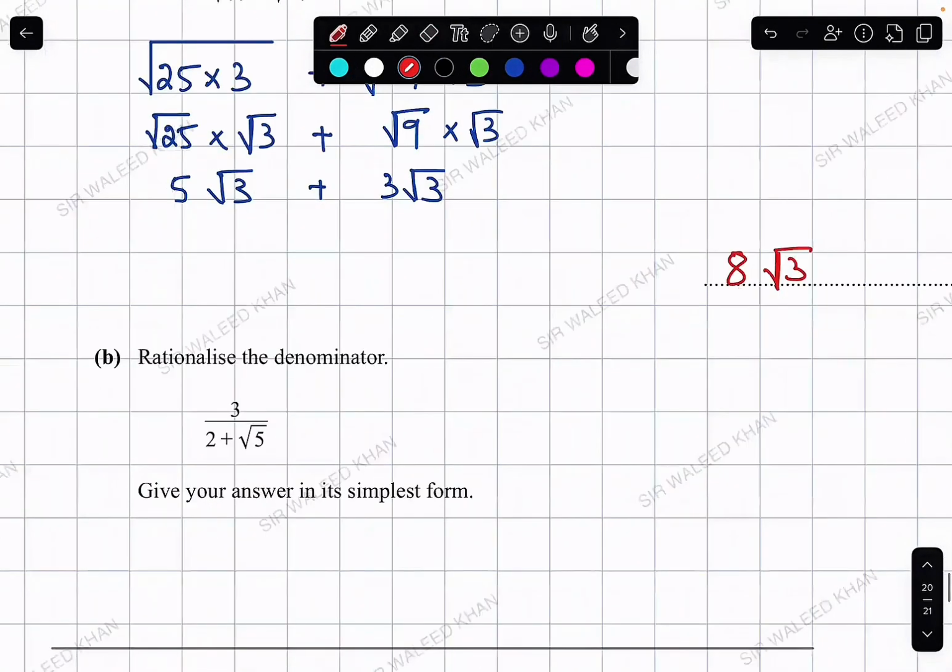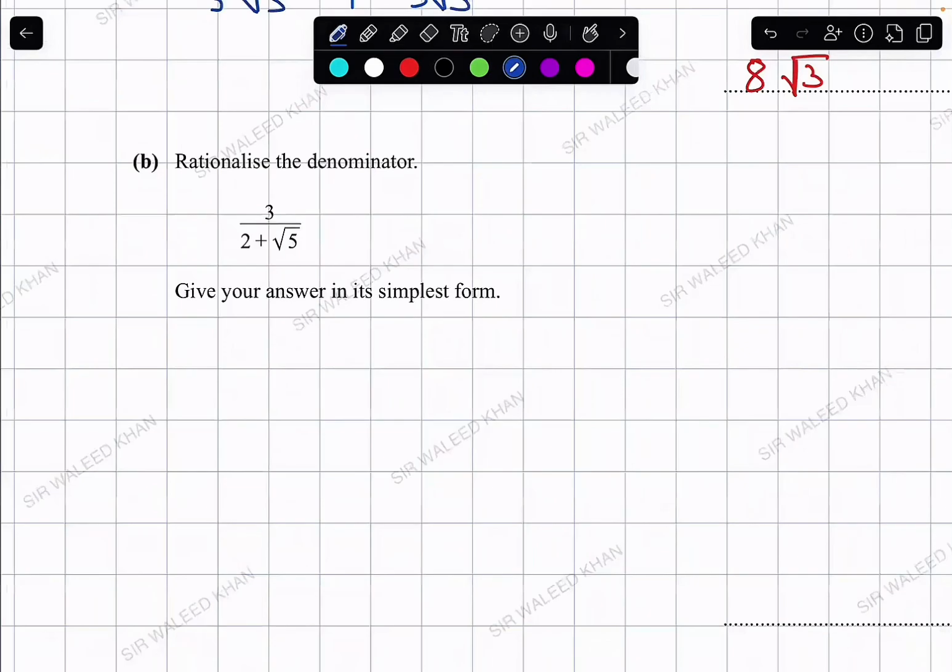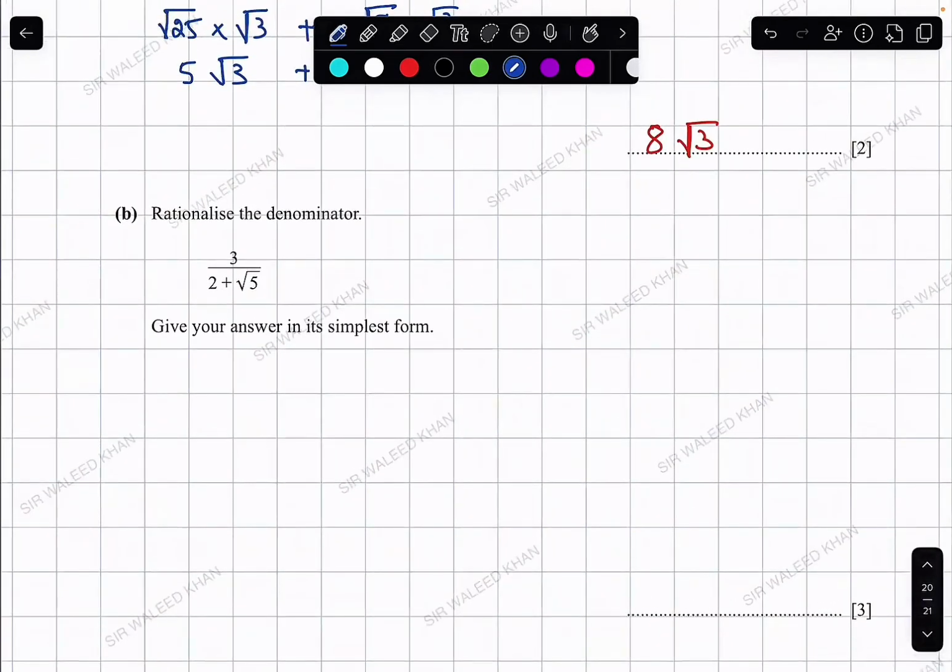Rationalize the denominator. Give your answer in its simplest form. To rationalize the denominator means to get rid of a surd in the denominator. Even if you get a surd in the numerator, it doesn't matter. The goal is to rationalize the denominator. I have to get rid of the surd from the denominator.